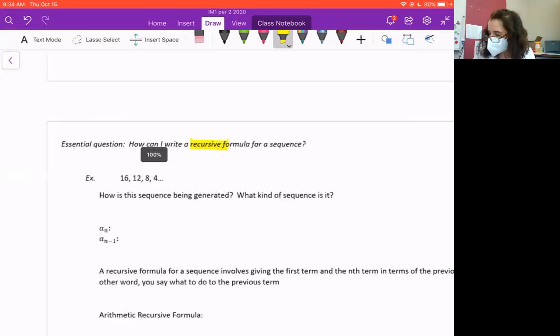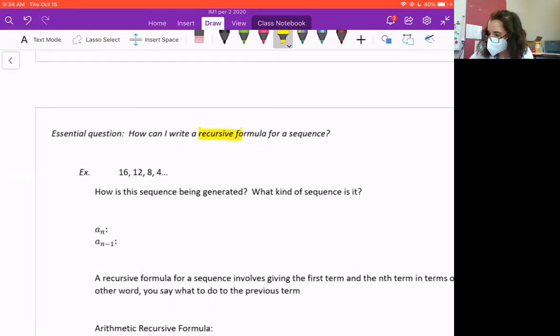Okay. So if we take a look at this sequence here, 16, 12, 8, 4, what's going on? In other words, what do we do to the 16 to get the 12? We're subtracting 4. And if that pattern continues, that'll also tell us what kind of sequence this is. From 12 to 8, we also subtract 4.